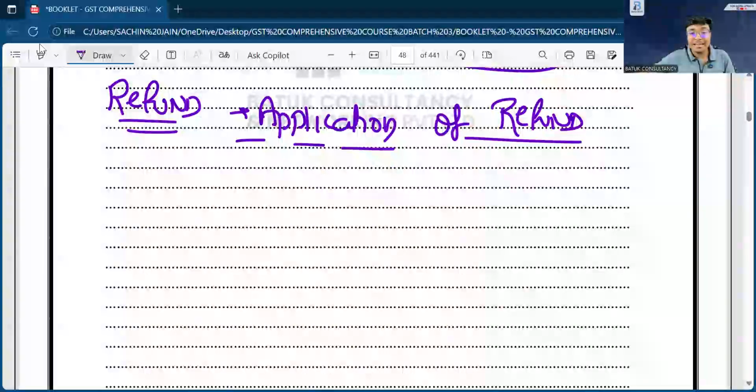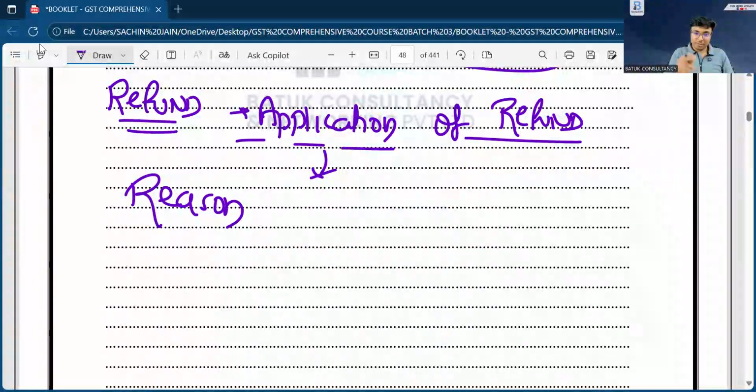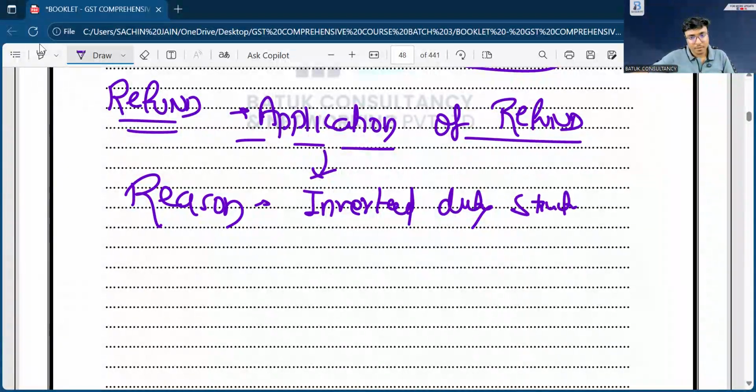Now you have to select the reason for refund. Why you are filing the refund application? So in the first instance, you are filing the refund application due to inverted duty structure, so you have to select accordingly.